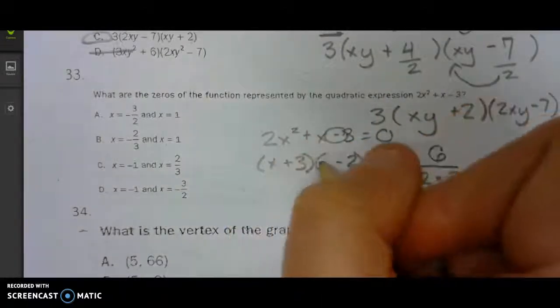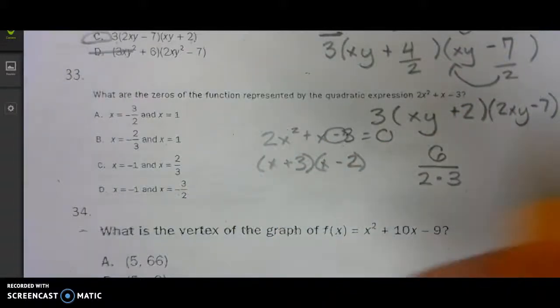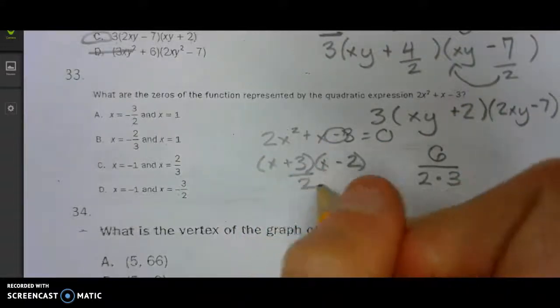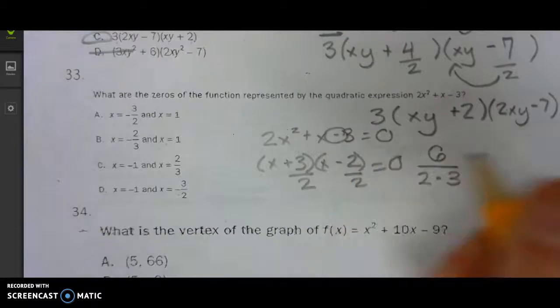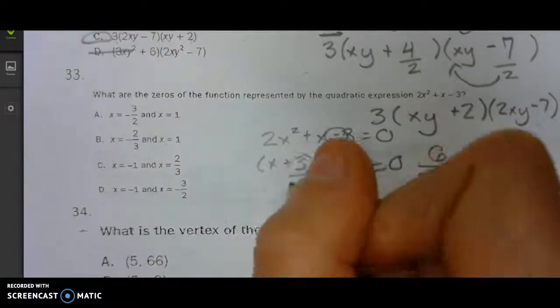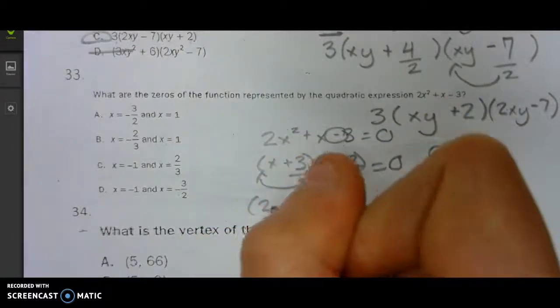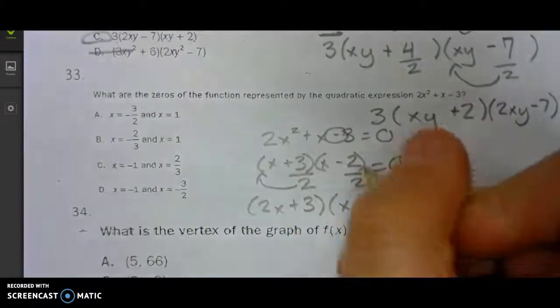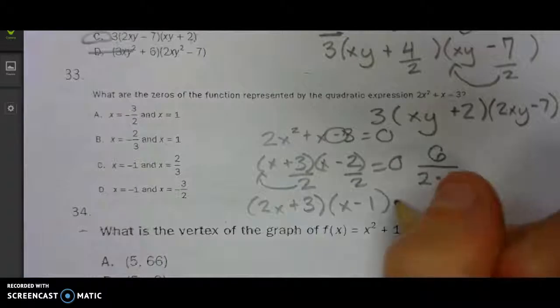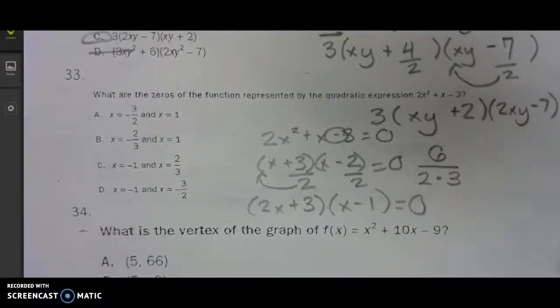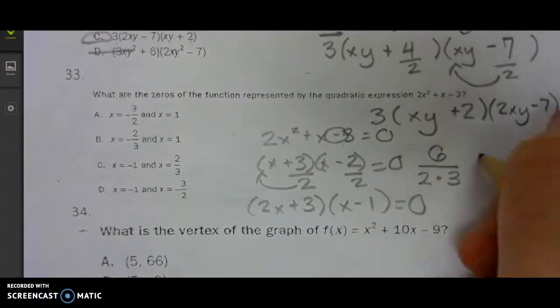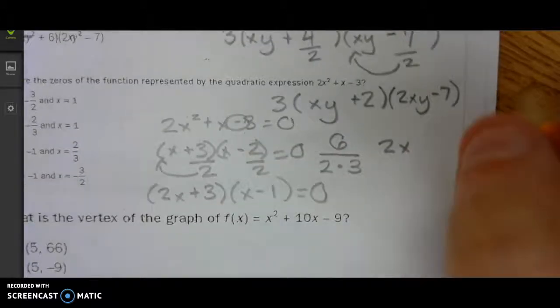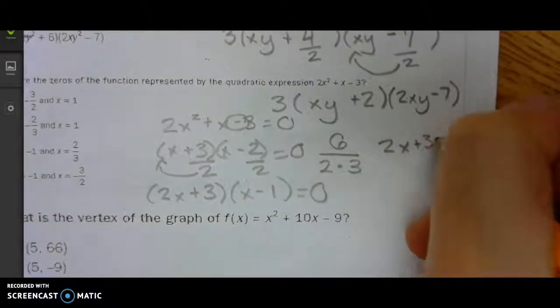And write our x's. If I multiply in the beginning, I divide in the end. Divide both these by 2. So I get 2x plus 3 and x minus 1, because 2 divided by 2 is 1. And now I just got to solve for each side. So 2x plus 3 equals 0.